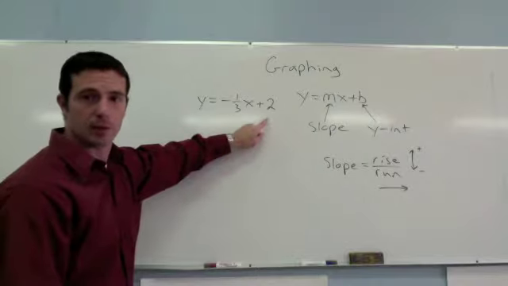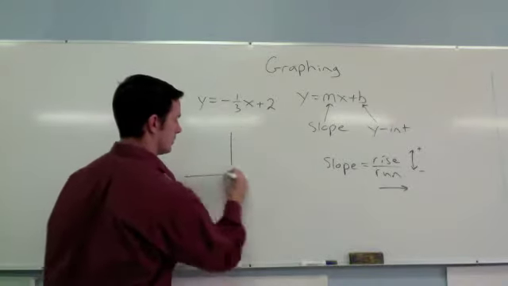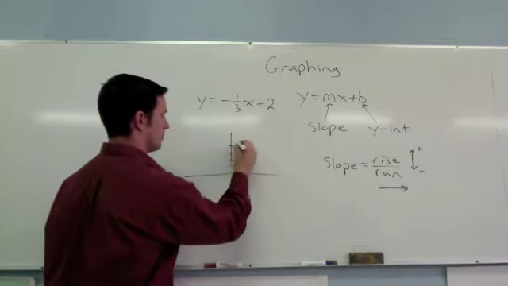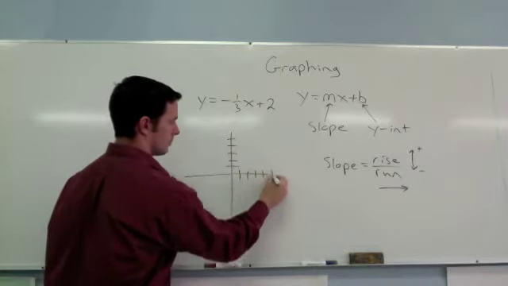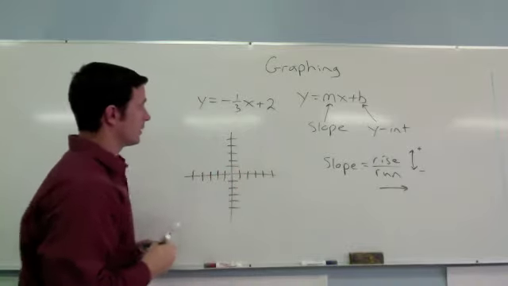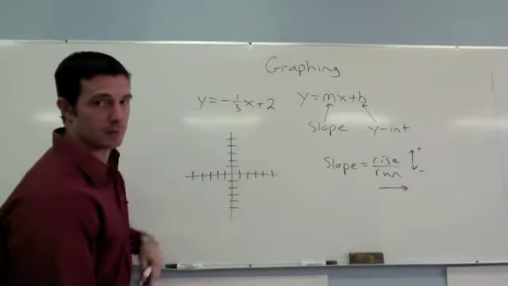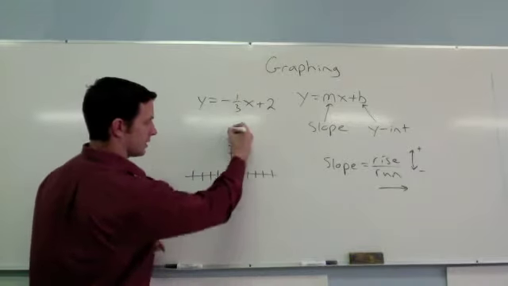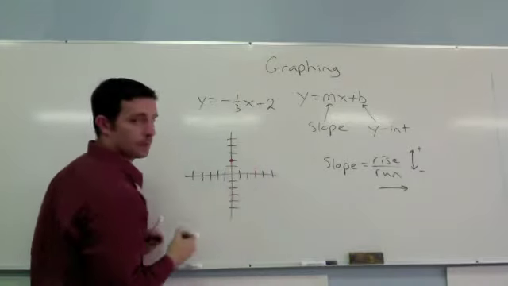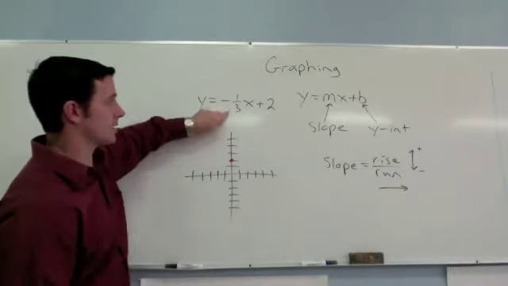My y-intercept is where I'm going to begin. So my y-intercept is positive 2. So on the y-axis, I find positive 2. Make my first point. From there, I will use my slope.